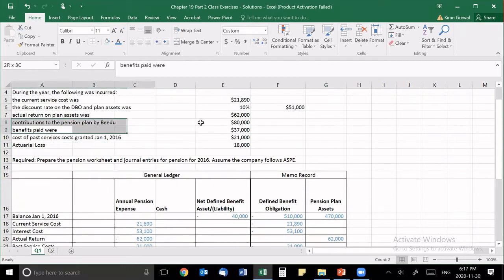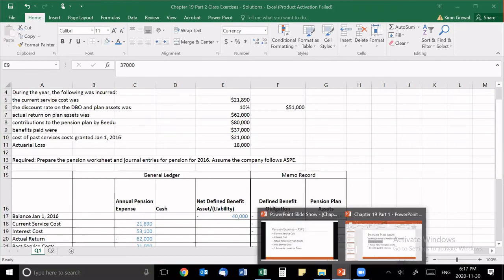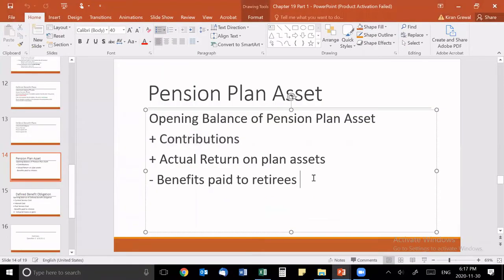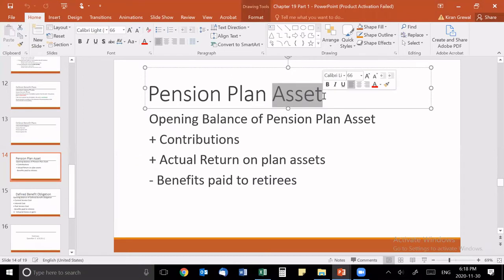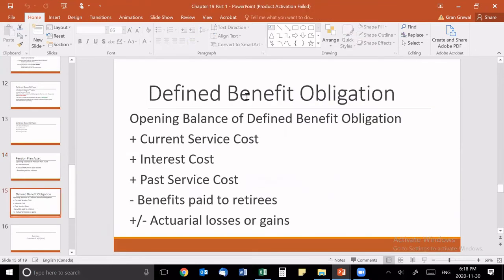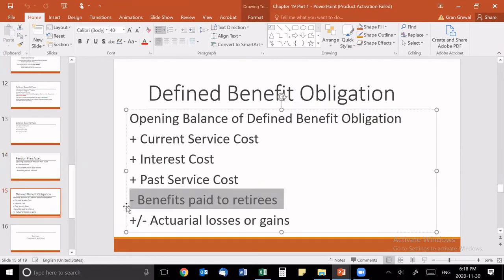All right, next one, benefits paid of $37,000. We go back into our cheat sheet or PowerPoint here. It says that benefits paid to retirees get subtracted from our asset. So if something gets subtracted from our asset, it's going to be a credit amount. And for our liability, it also gets subtracted.